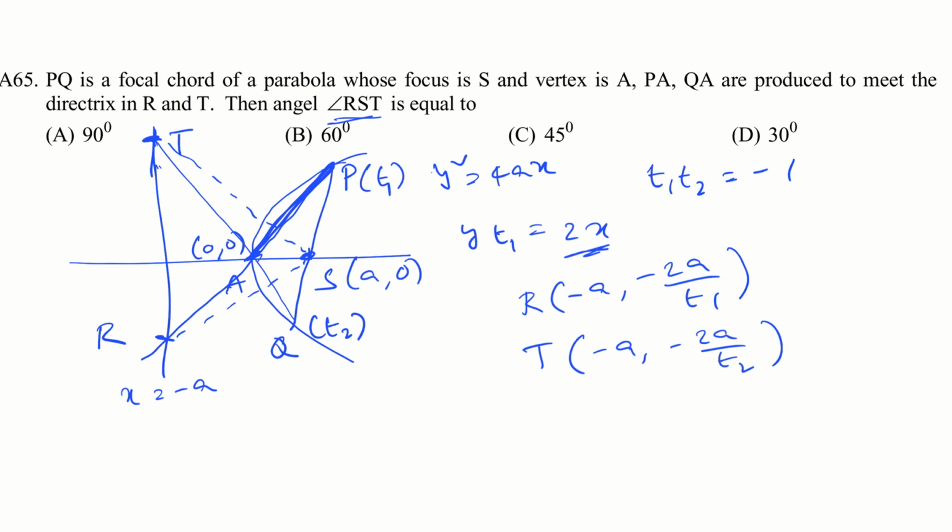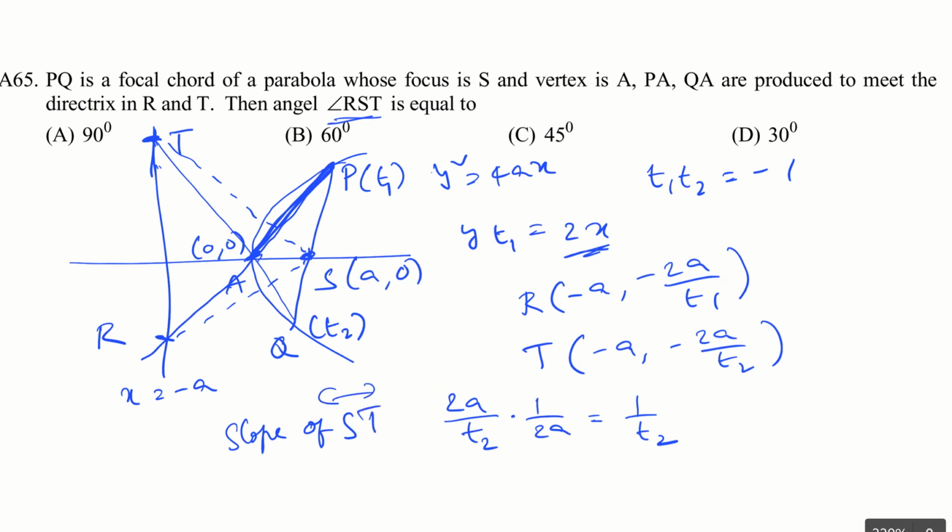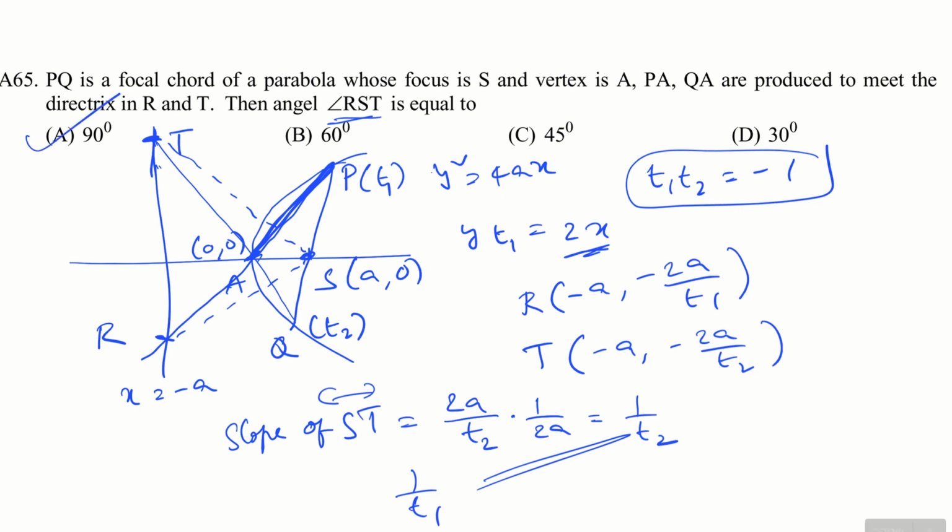So if I go for the slope of ST, it will be (2a/t2)/(2a), so I am getting it as 1/t2. Similarly, slope of SR is 1/t1. Now we observe that the product of slopes is minus 1 because t1 t2 is minus 1. And therefore, the angle between them is 90 degrees. Let's go to next problem.